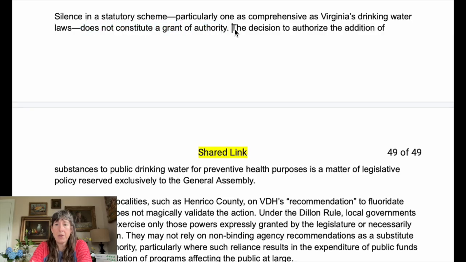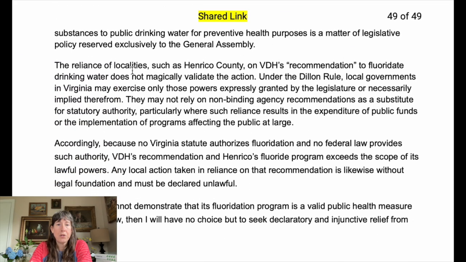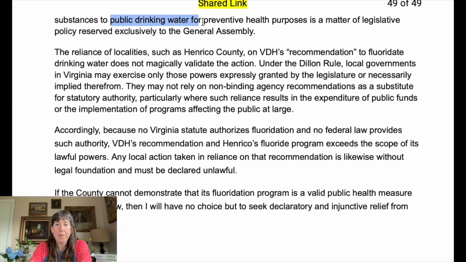The decision to authorize the addition of substances to public drinking water for preventive health care purposes is a matter of legislative policy reserved exclusively to the General Assembly. Now, of course, I believe that it's unconstitutional to coerce the public into taking drugs, but that's just me.